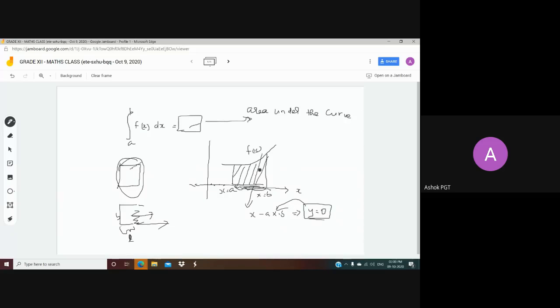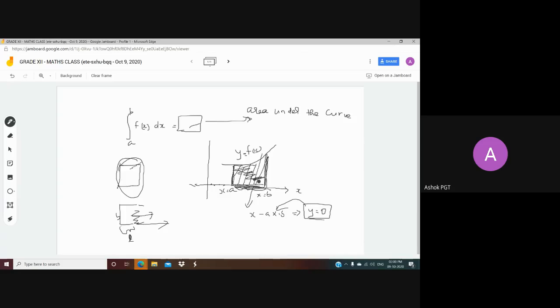Now, if you observe it, this region is a closed diagram. x is equal to a acts as one boundary, x is equal to b acts as one boundary, y is equal to f(x) acts as another boundary, and y is equal to 0, which means the x-axis, acts as the boundary. Hence, this area is a closed diagram.